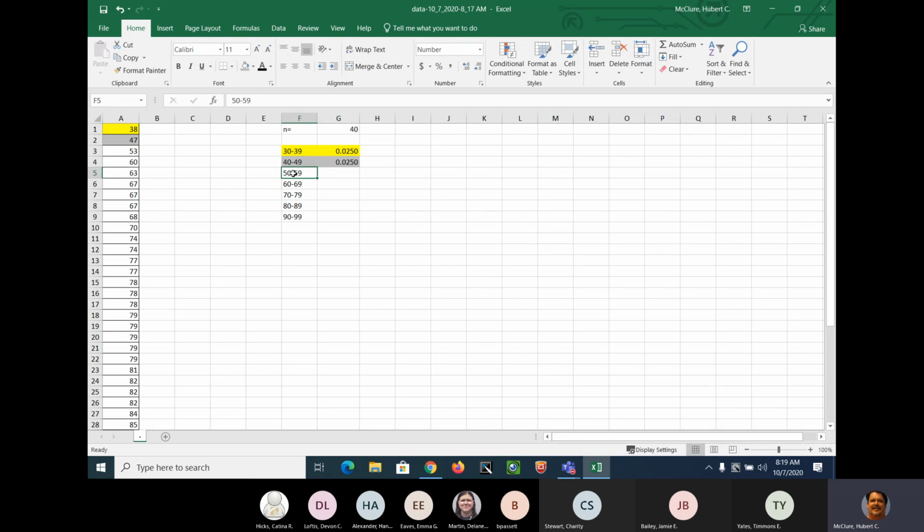50 to 59, we'll color that burnt orange color. 50 to 59 is still 1 divided by 40. 60 to 69, and we'll color that some kind of bluish color.